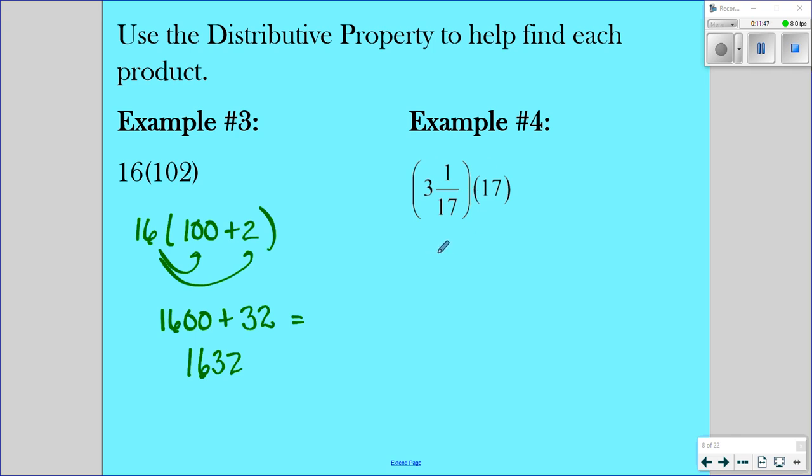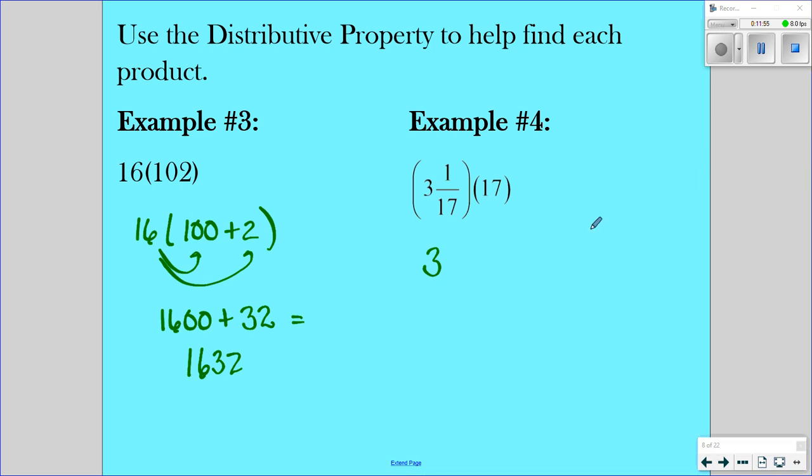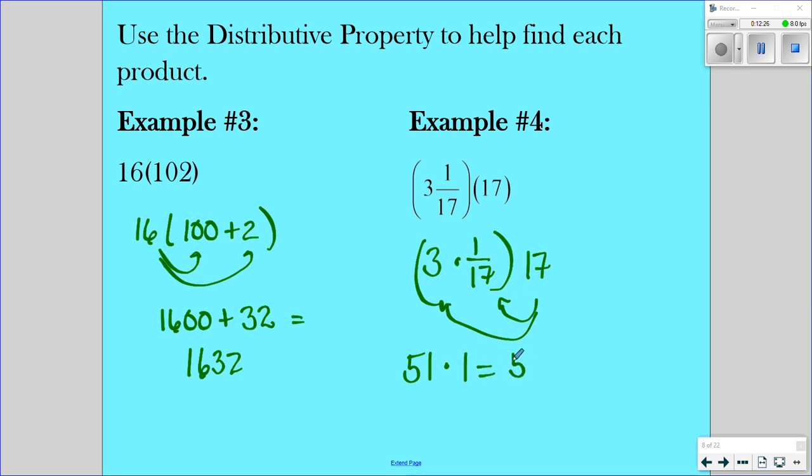So it would be 3 multiplied, because you're multiplying that, so 3 and 1 over 17, and the 17 is outside, and then you can distribute. 17 times 3 should give you 51, and then 1 over 17 times 17 will just give you 1, because it's 17 divided by 17, it's just 1, and your number will be 51.